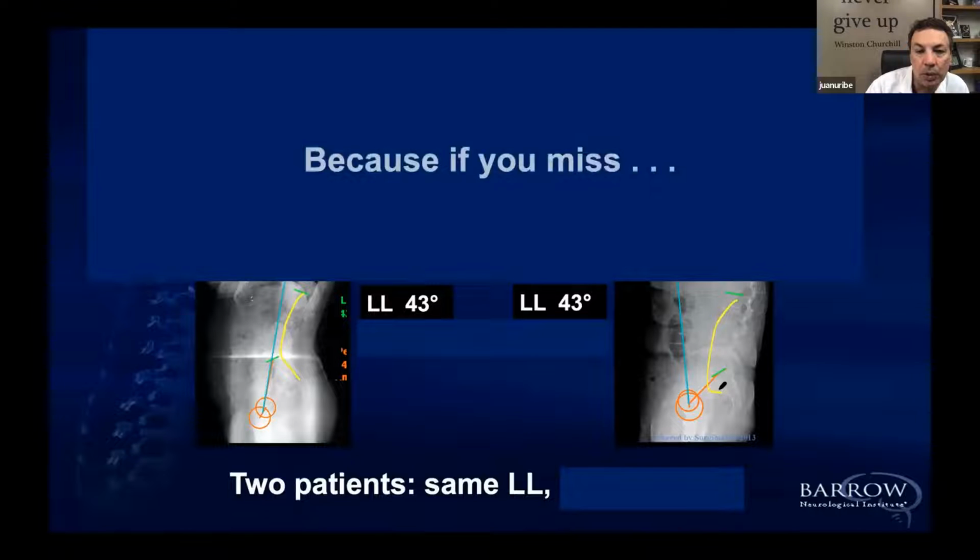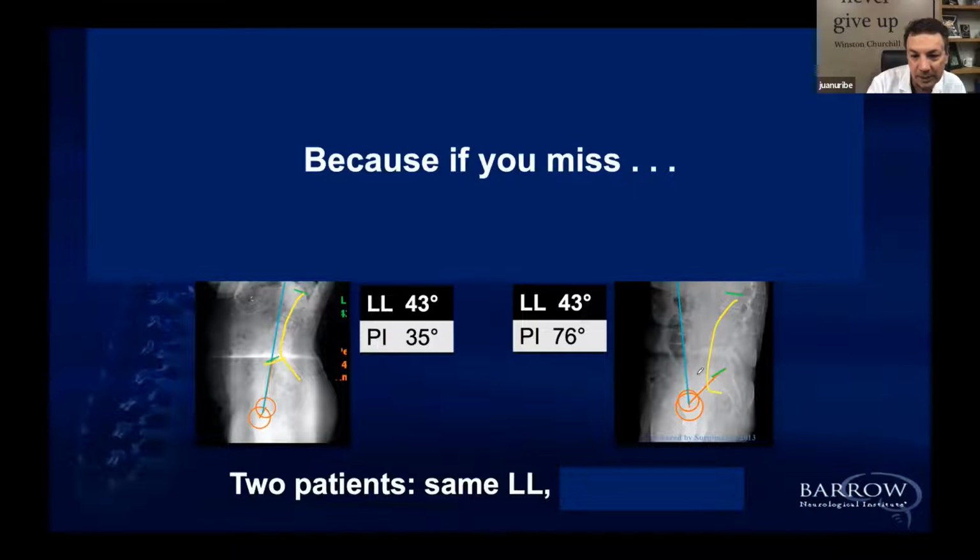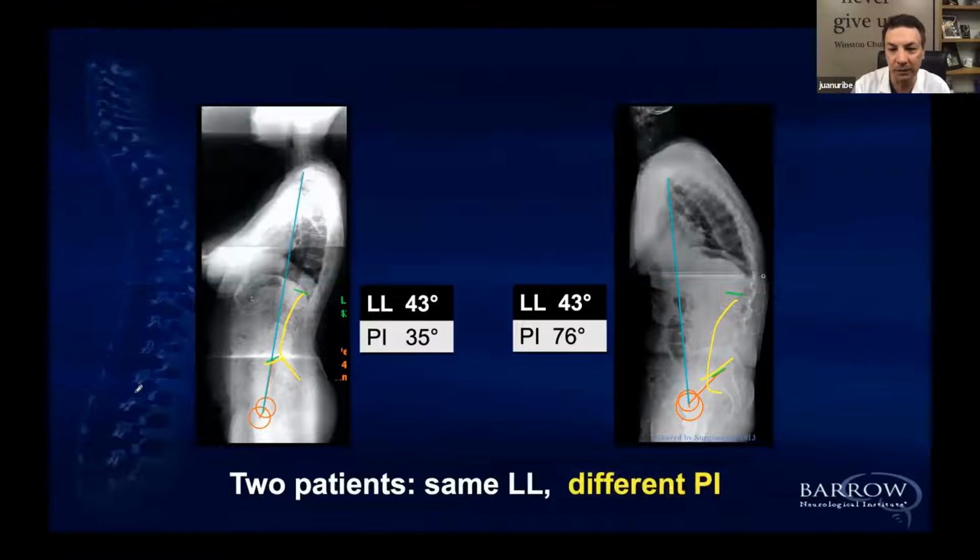You measure the pelvic incidence: the patient on the left, 35; the patient on the right, 76. Take a look at what happened. If you don't have a good 3-foot standing, take a look at the difference. These are day and night.